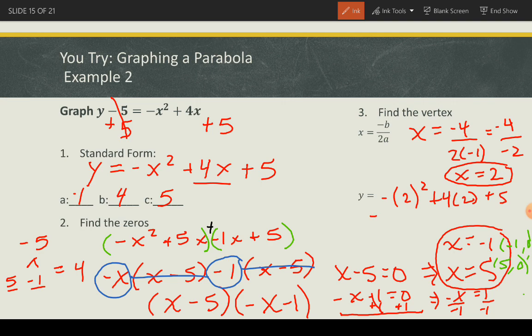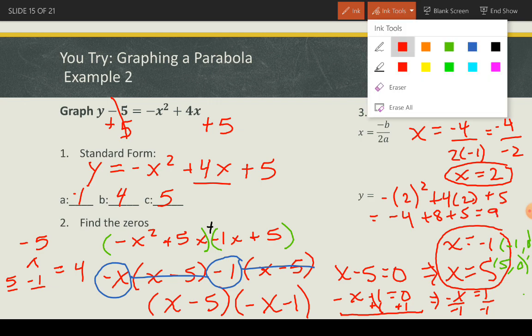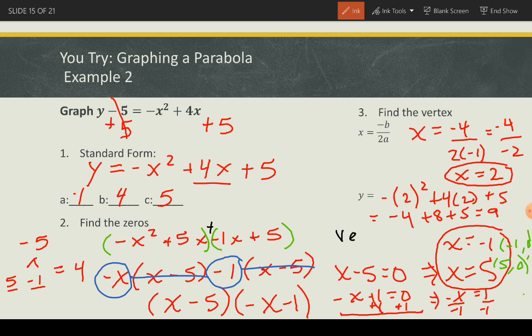So this is equal to negative 4 plus 8 plus 5, and this is equal to 9. So our vertex is 2 comma 9.